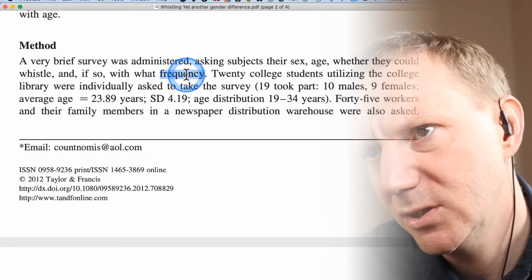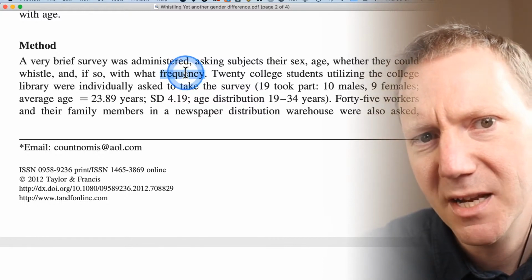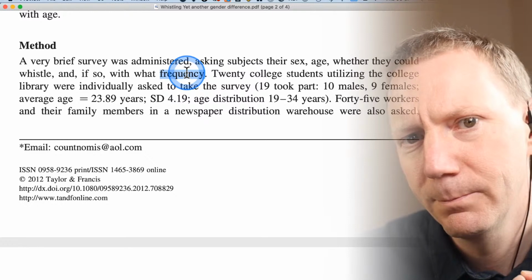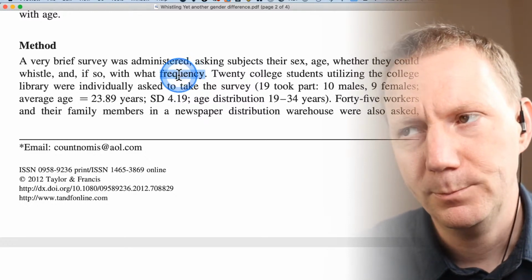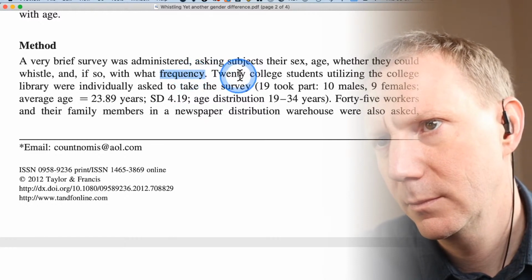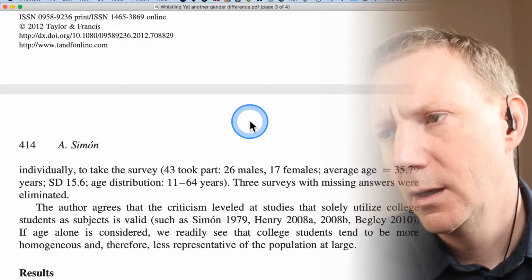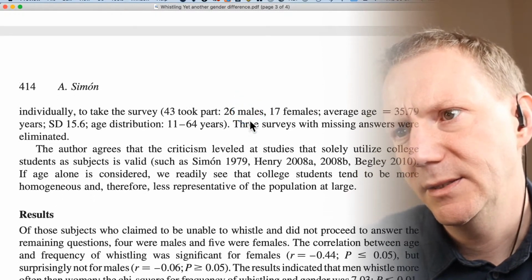So I do assume that he asked for the frequency, because otherwise he would have stated here that he would have created categories, right? Yes, I think so too.